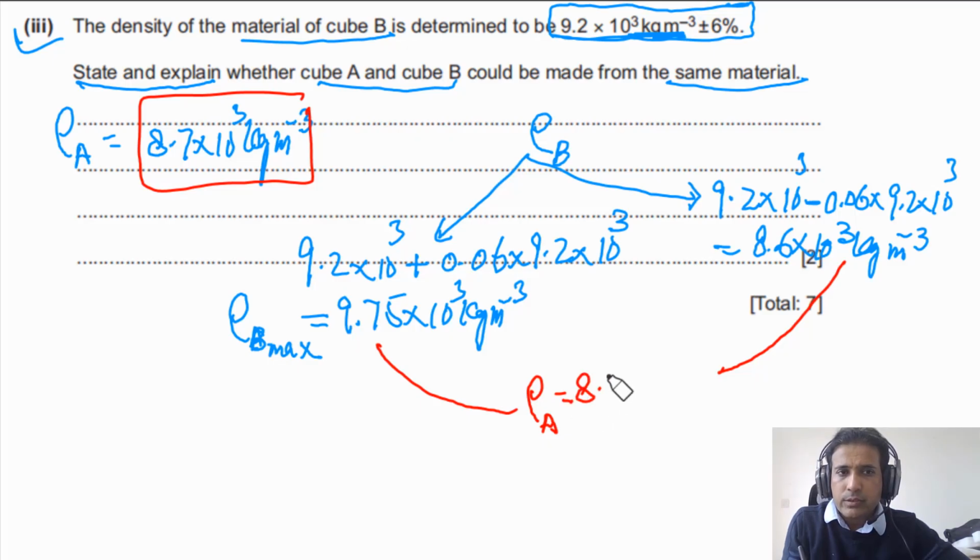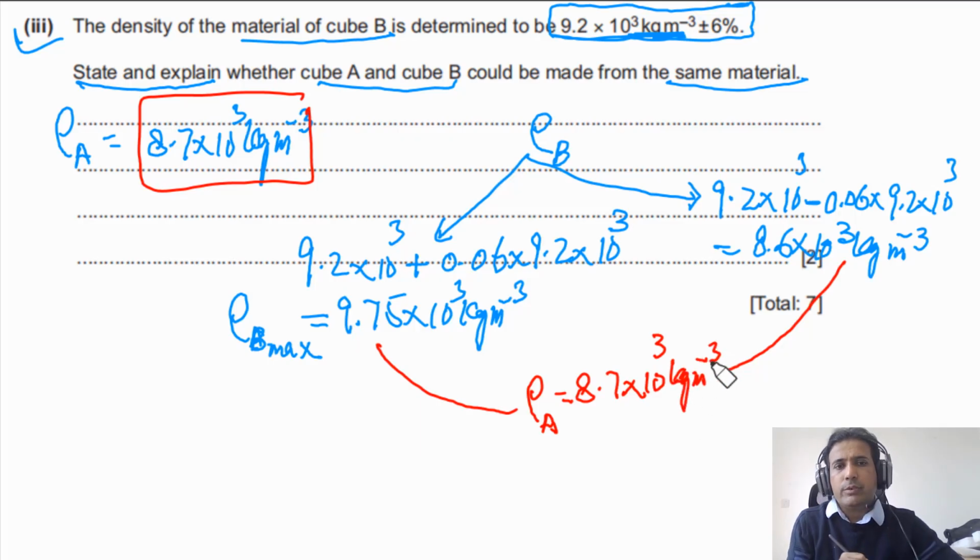So we can write here: this is 8.7 times 10 to the 3 kg per cubic meter.